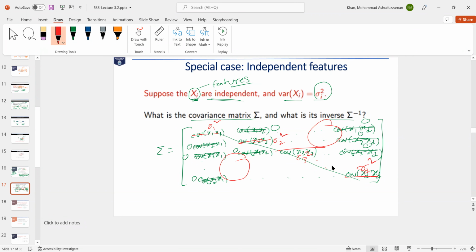Okay, I hope it's clear now. Now we need to find out the inverse of it. Because all the off-diagonal entries are 0, that means the inverse should be 1 by sigma 1 square until 1 by sigma d square.